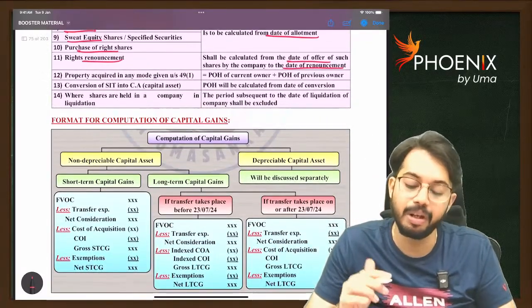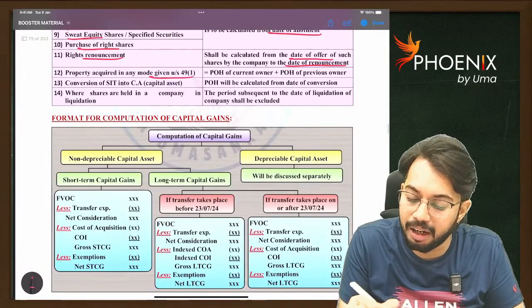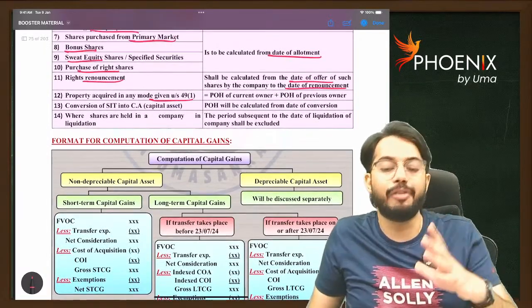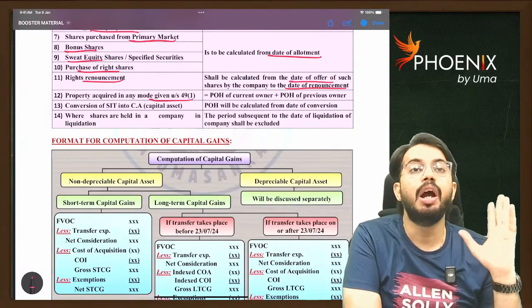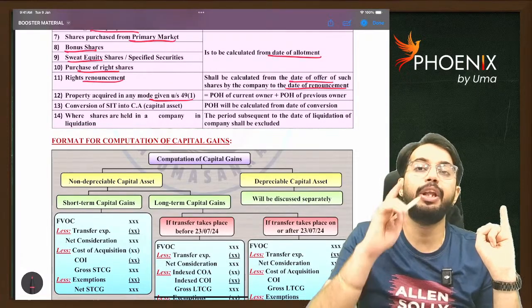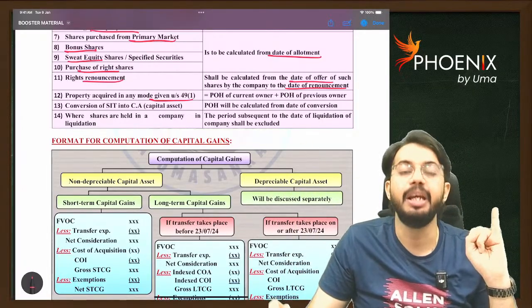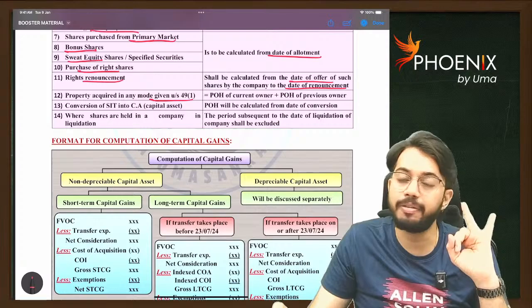Okay. Property acquired in any mode given under section 49(1). See, 49(1) means 5 cases. Like at the time of partition of HUF, capital assets will be transferred from Hindu undivided family to small family. Gift, will or inheritance, like that is excluded from definition of transfer.